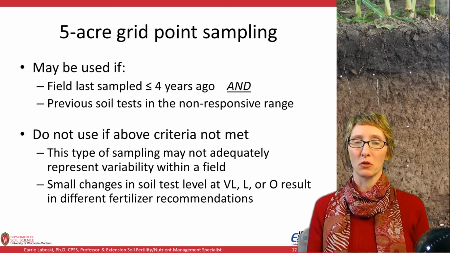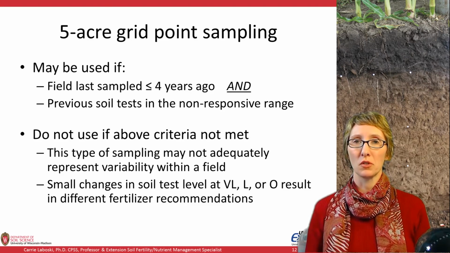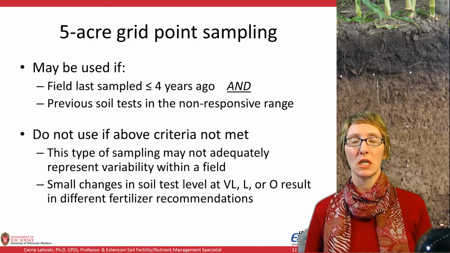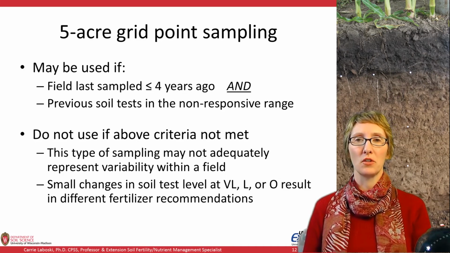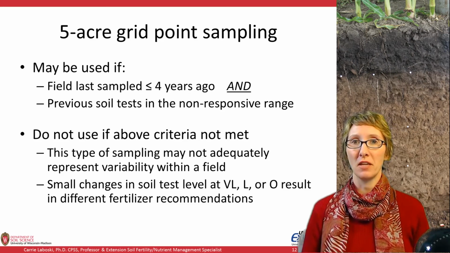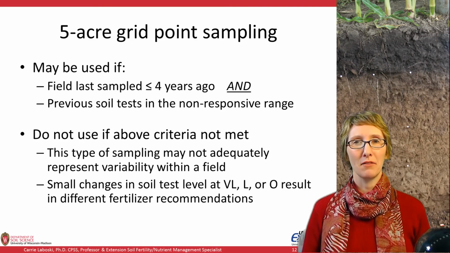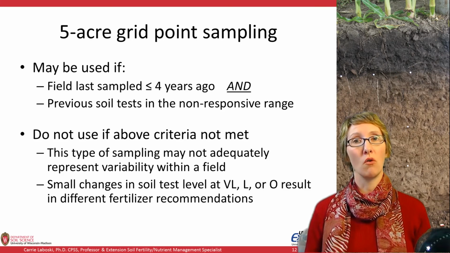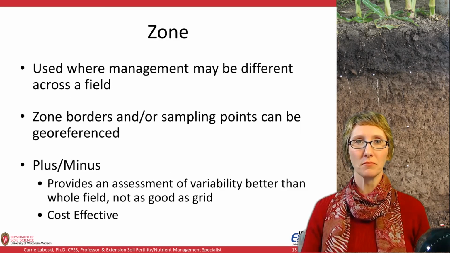If you use a 5-acre grid point to take samples, say your 20-acre field, that would give you 4 samples per field, and they're just 4 quadrants that you sampled within 10 feet of that point. That's not giving you a very representative soil sample for that whole 5 acres, so that's not going to do very well on whole field management as well.